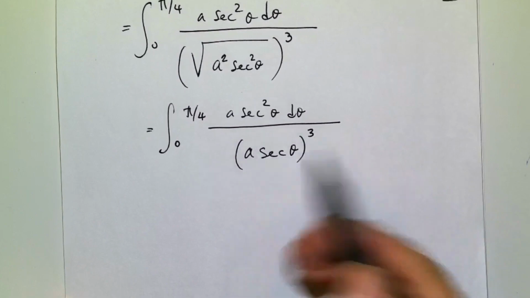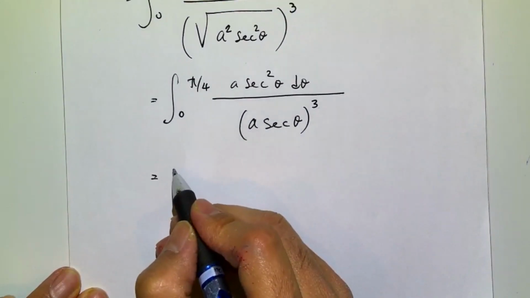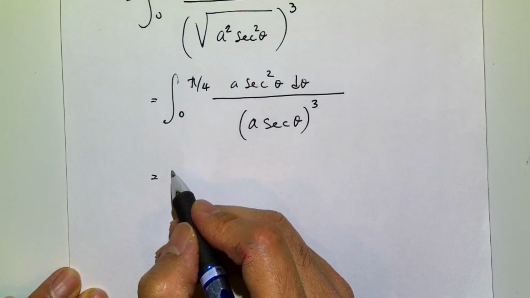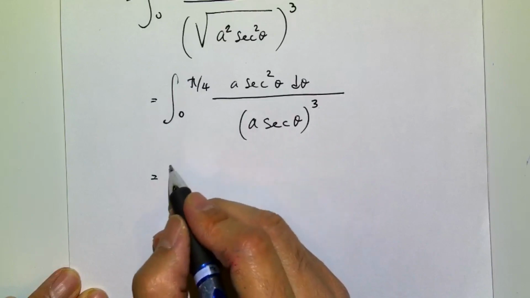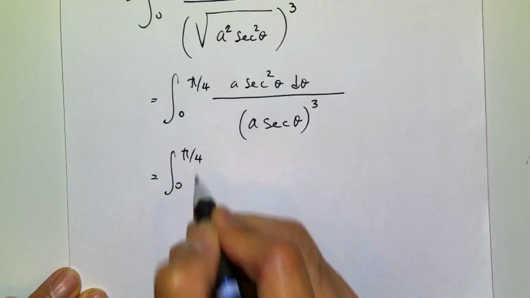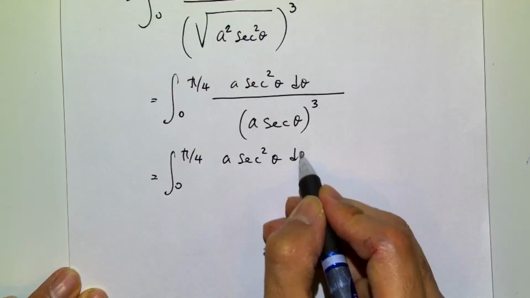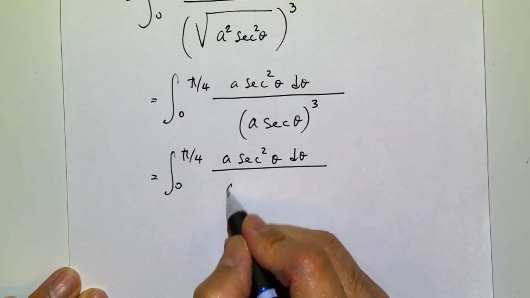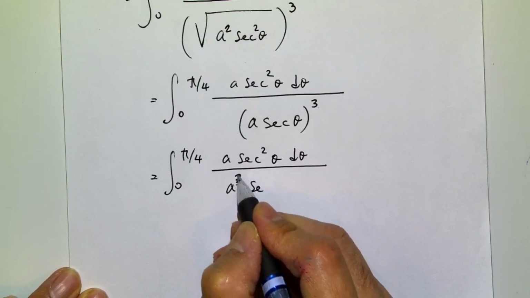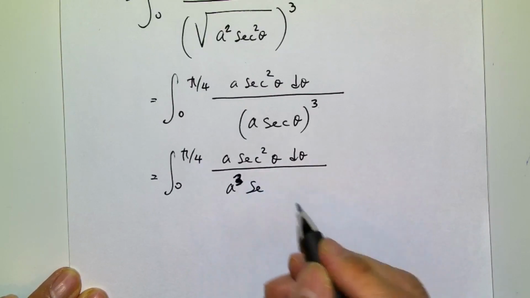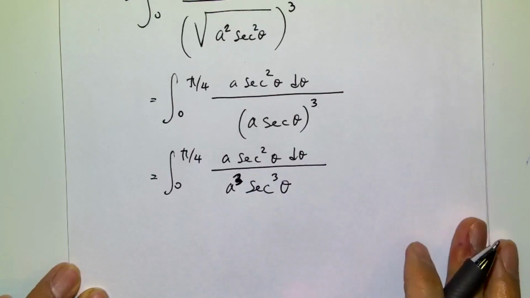And then we can distribute this power to everything here. So let's do it step by step. 0 to pi over 4, a secant squared theta d theta divided by a cubed secant cubed theta.